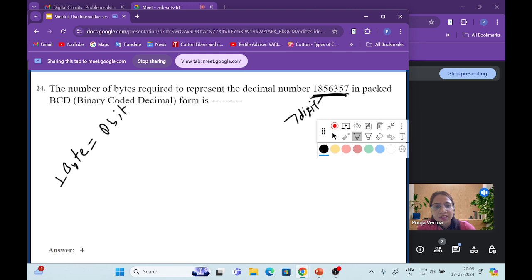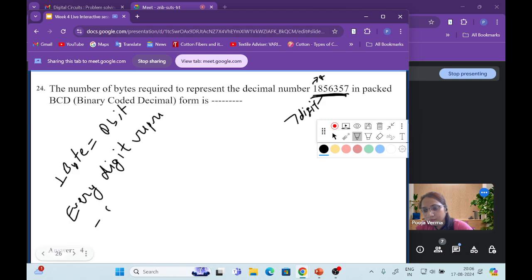So every digit is represented by 4 bits. Total 7 digits. So 7 into 4 bits, right? Correct.